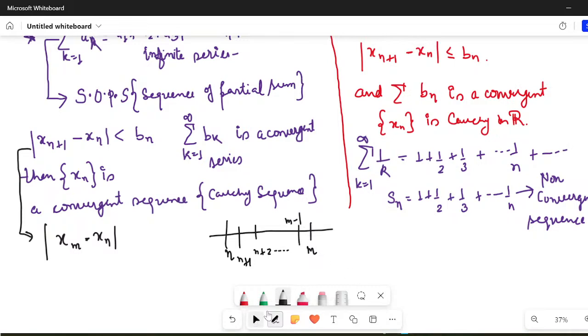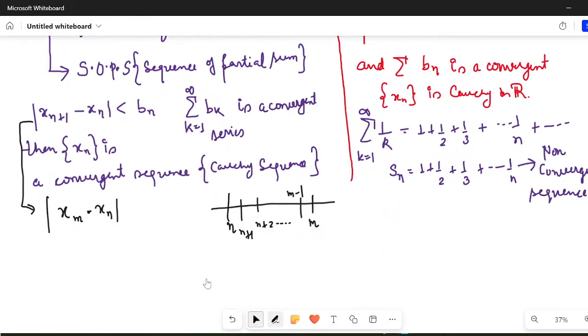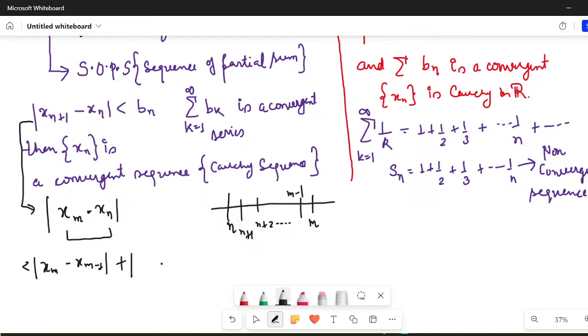As I did a little bit before, mod of xm minus xn can be written as less than mod of xm minus xm minus 1, plus mod of xm minus 1 minus xm minus 2, dash dash dash, plus mod of xn plus 1 minus xn, if you remember.